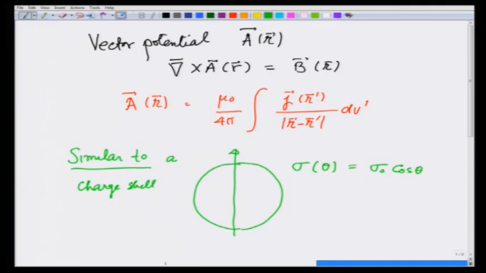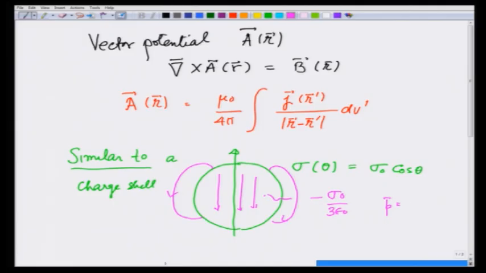Recall that this gave us the electric field inside the shell as minus sigma 0 over 3 epsilon 0, a constant electric field, and outside it was like a dipolar field with a dipole moment P, whatever that comes out to be.